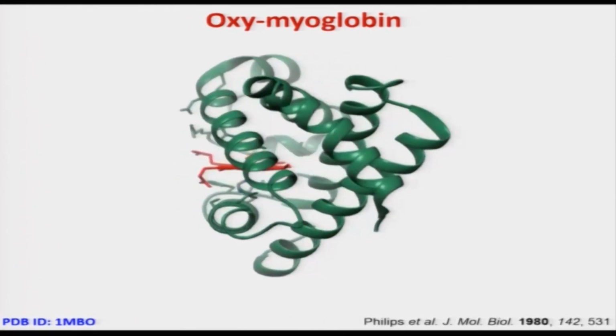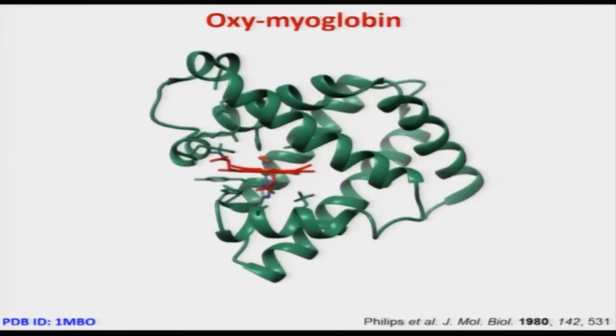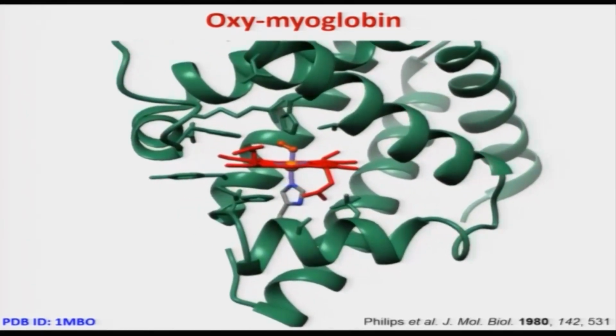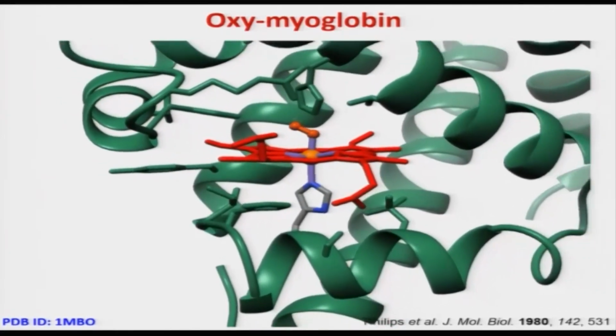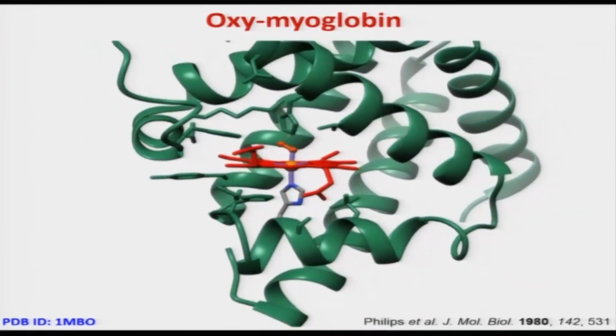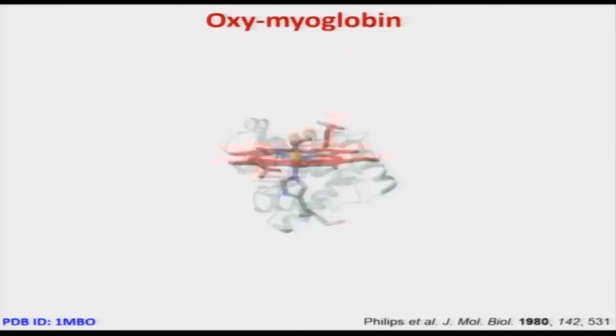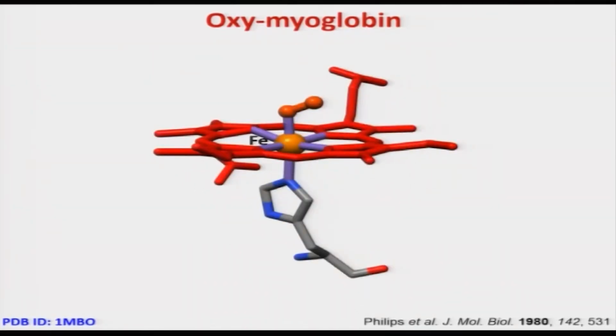The oxymyoglobin structure is also shown. I have discussed this in detail in my previous lecture. You see that the dioxygen binds to the iron center in an angular fashion, and the distal histidine plays a role in stabilizing this dioxygen binding on iron.